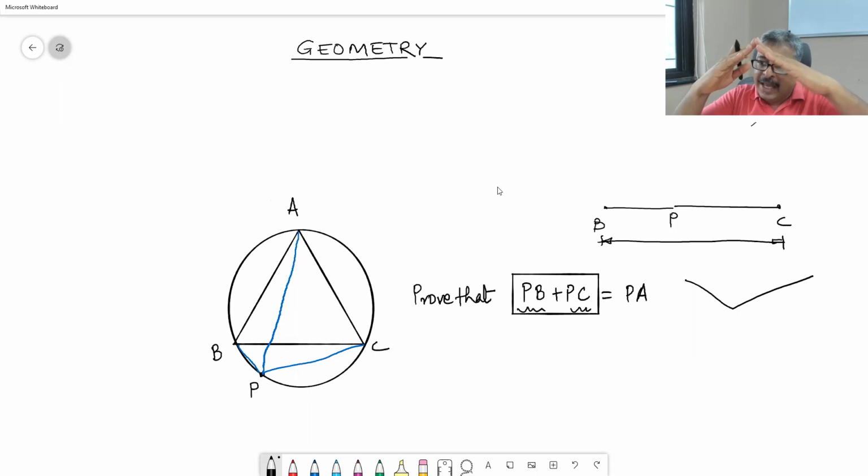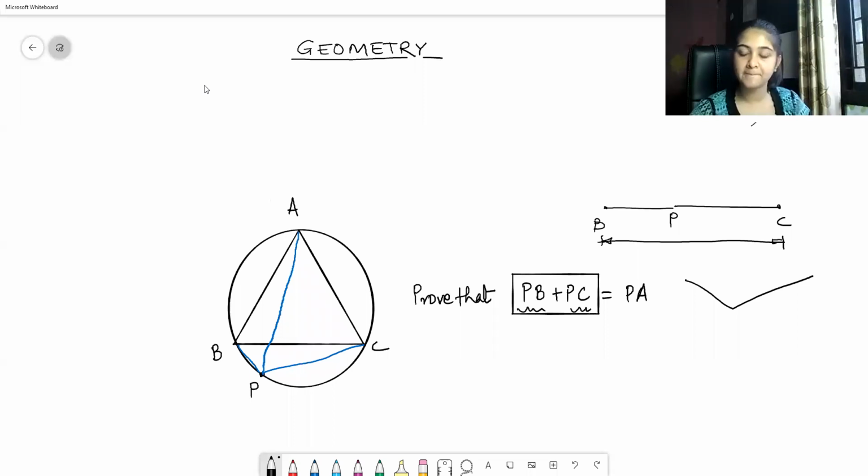Measuring total length is going to be easier if they are straight. So you do the construction and then use your congruency, use angle chasing to show two congruent triangles so that the new length that you have created is going to be equal to PA. That is the hint. I mean, almost I have told you the solution.